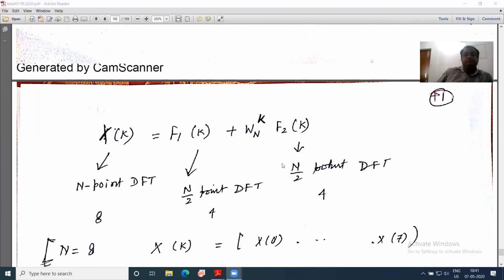In general, the left hand side is N-point and the right hand side is two N by 2 point DFTs. If we can compute these, then we will come to the N-point DFT, right? Basically, I have to compute X of k.